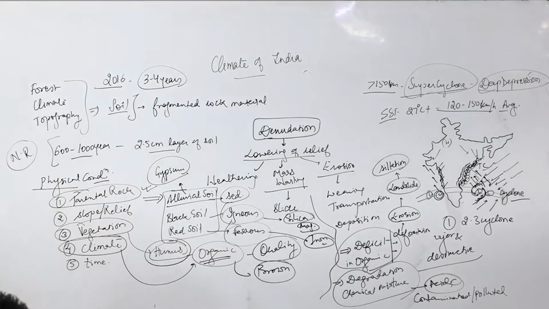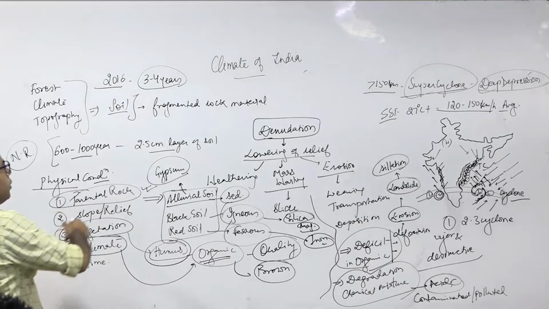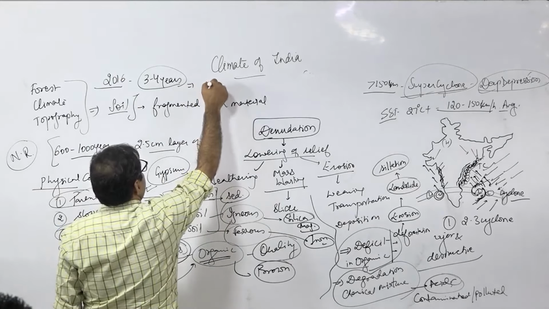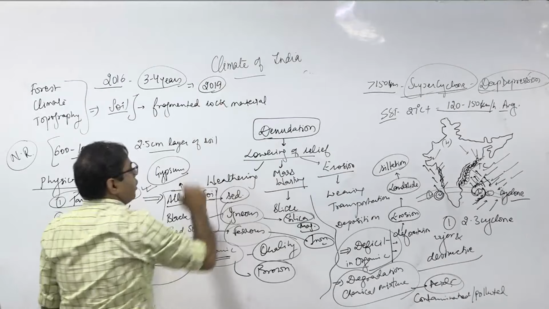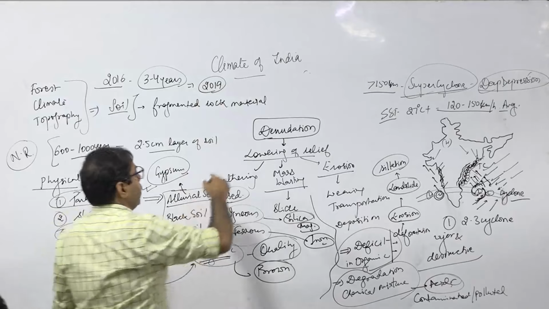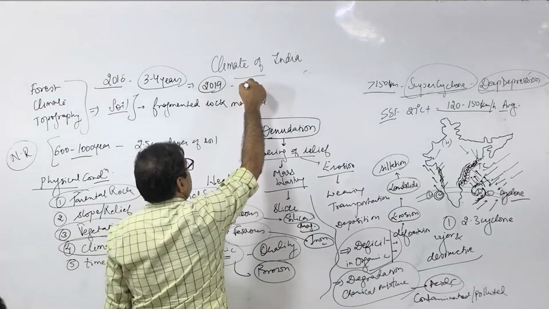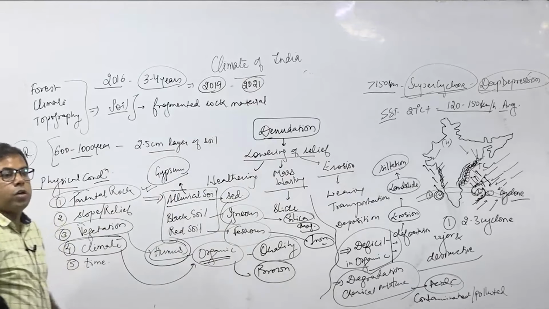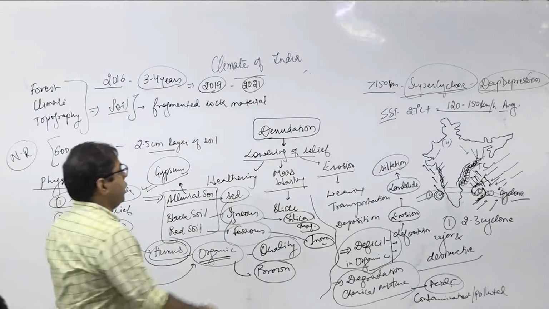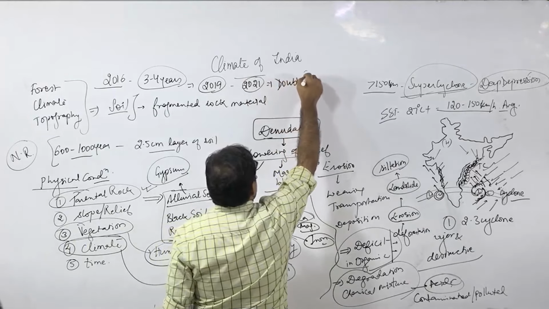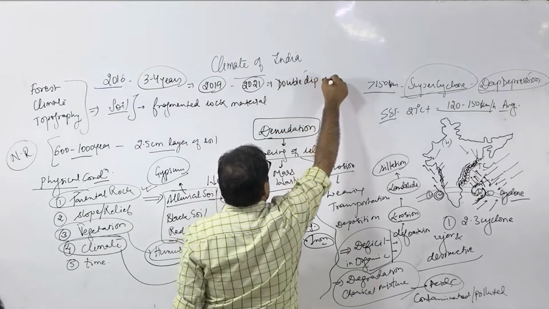The El Nino was supposed to happen in 2018, but did not happen. It was supposed to happen in the year of 2018 and 19. It did not happen. Again, it was supposed to happen in the year of 2021 or 22. Again it did not happen. This was called double dip. It was called the double dip of El Nino, right?